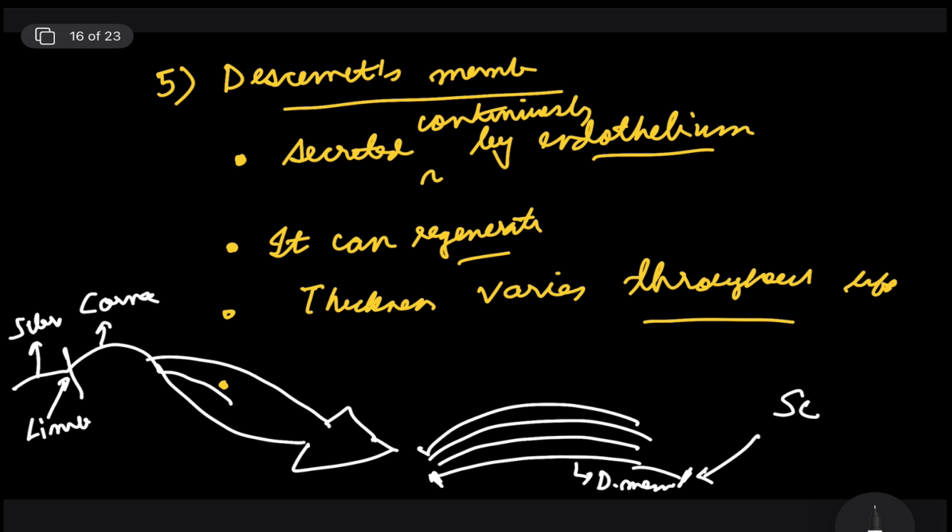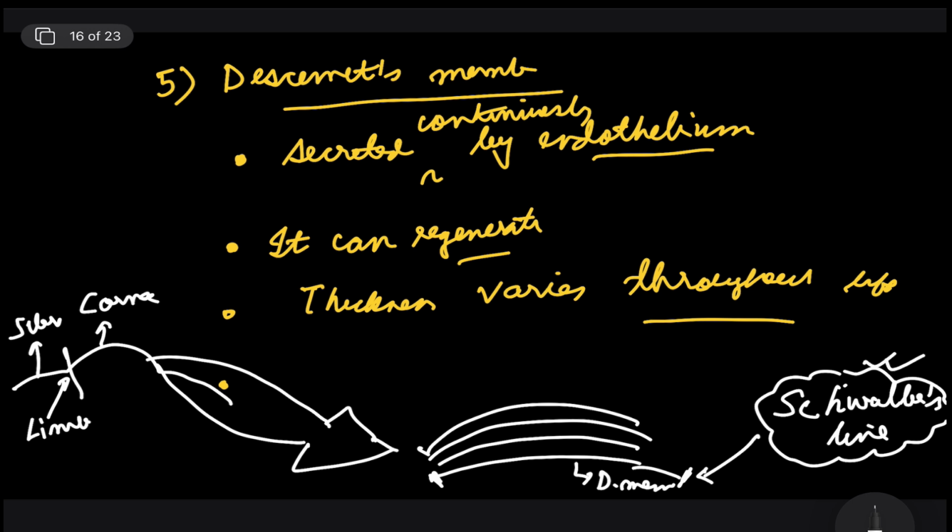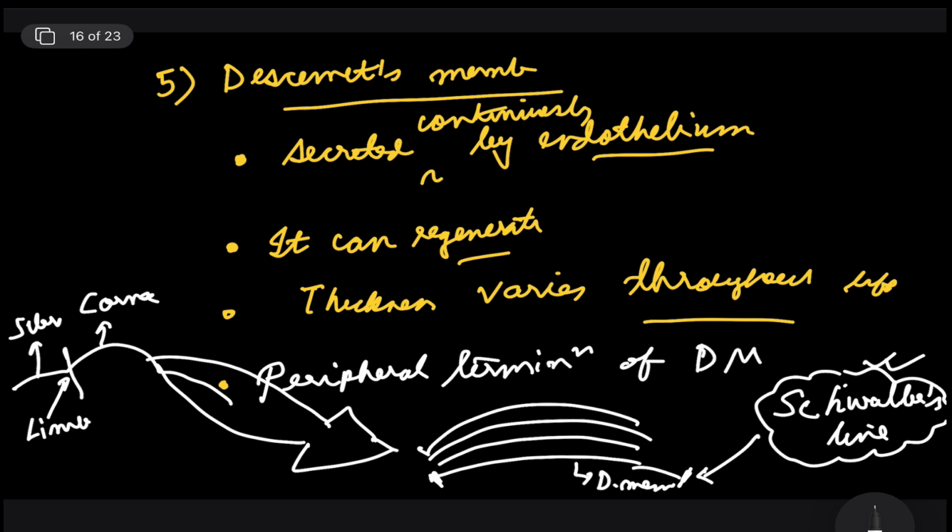Good. That is called Schwalbe's line. Schwalbe or Schwalbe, whatever you want to call it. So the peripheral termination of Descemet's membrane is called Schwalbe's line. Done? Done. That completes Descemet's membrane.